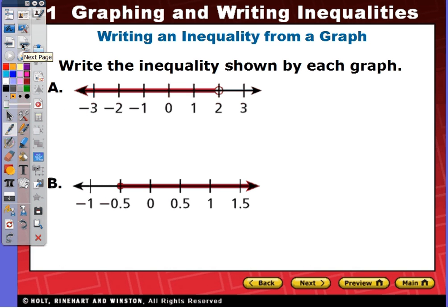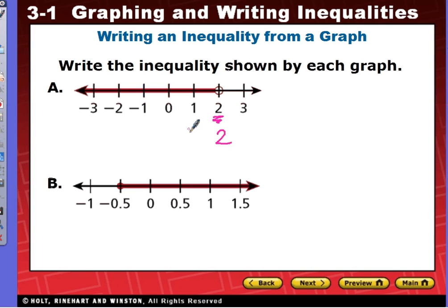Now, the other thing you need to be able to do is go the other direction, meaning look at the graph and write the inequality. So wherever the circle is, that's the number you're going to use in your inequality. You can use any variable you want, and then you just have to decide which direction the arrow is pointing. If the arrow is pointing to the left, then we're looking at numbers less than 2, so we fill that in.